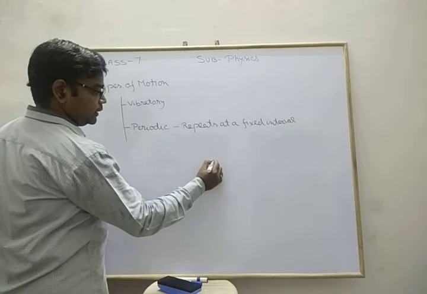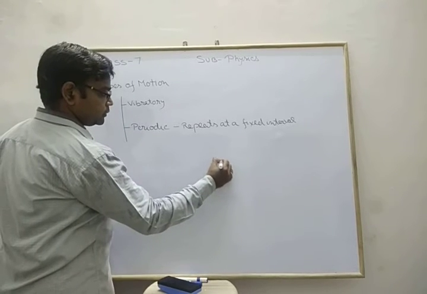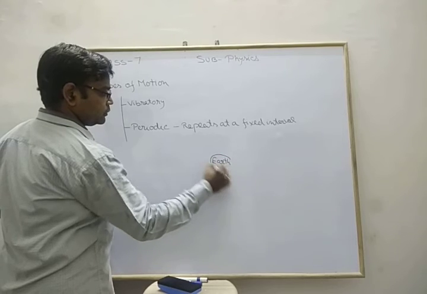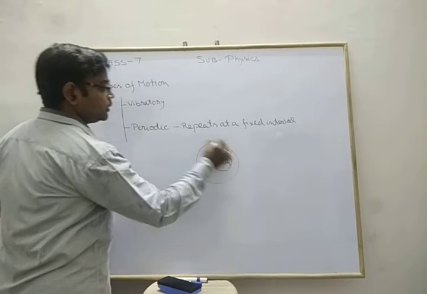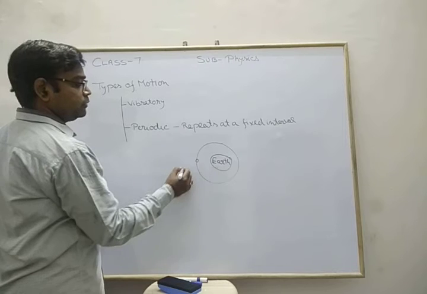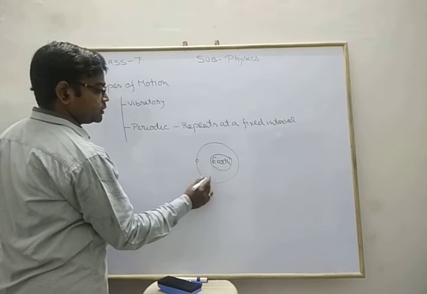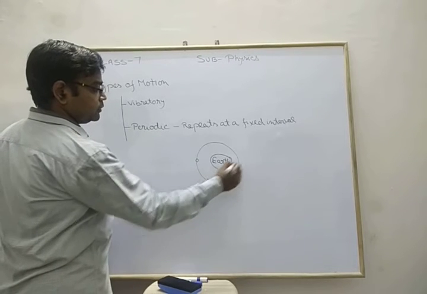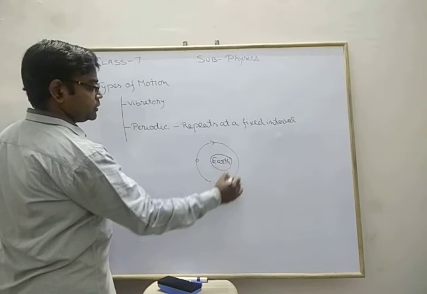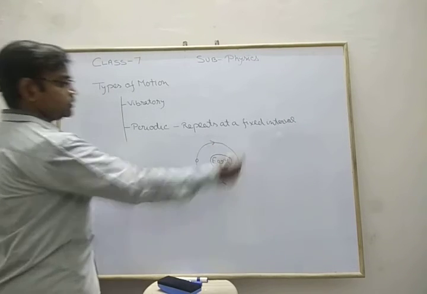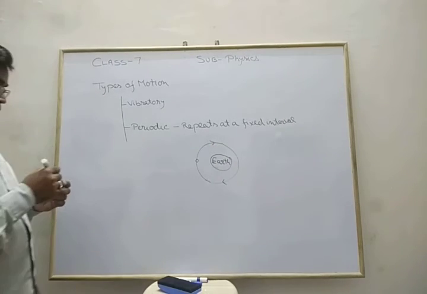Suppose there is the earth. As you know, the moon is revolving around the earth from this place. Suppose it is moving from this direction to this.